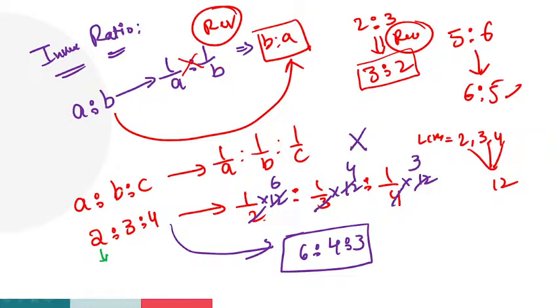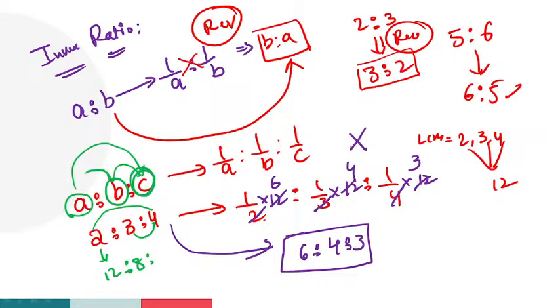To find the A value, leave it and multiply the remaining two numbers: 3 fours are 12. To find the B value, multiply the remaining two numbers: 2 fours are 8. For the C value, leave it and multiply the remaining numbers: 2 threes are 6.